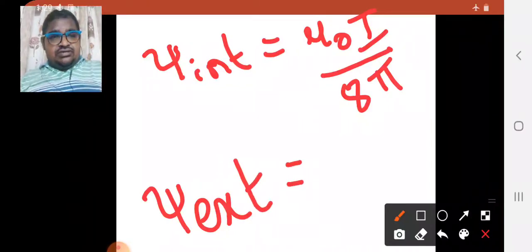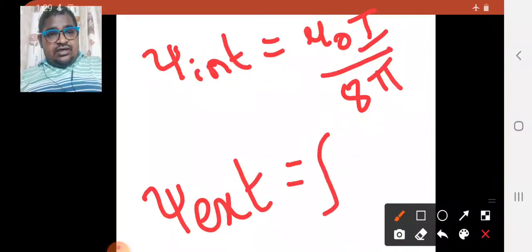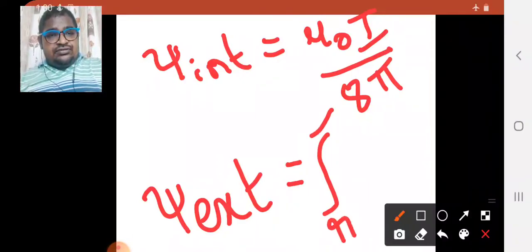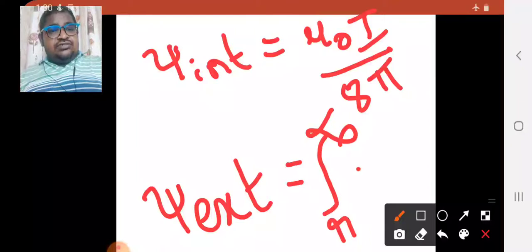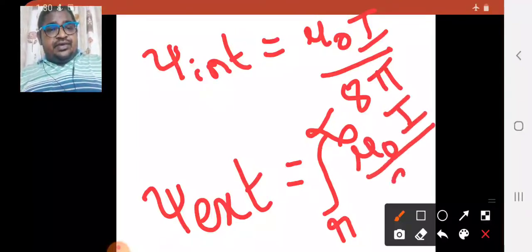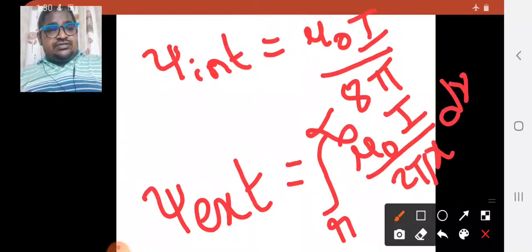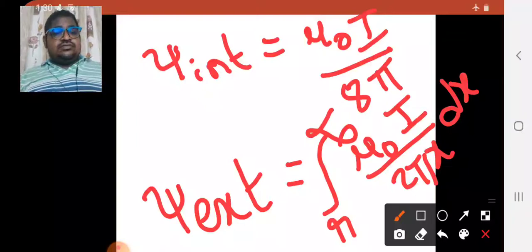Psi external is equal to the integral from r to infinity of mu naught I by 2 pi x dx. If you take mu naught I by 2 pi common, then 1 by x dx remains. What is the integration of 1 by x? It is ln x. But let it be as it is; just take common mu naught I by 2 pi.